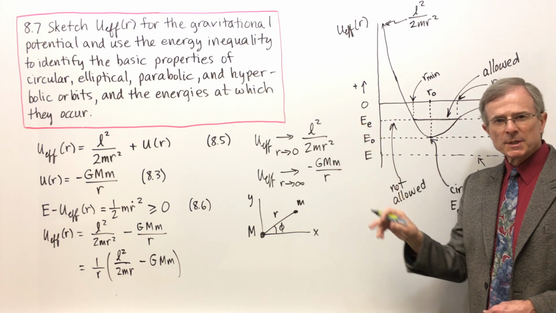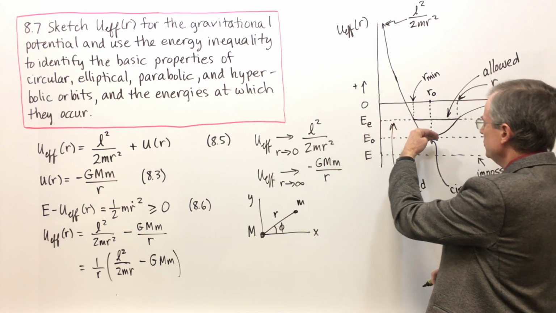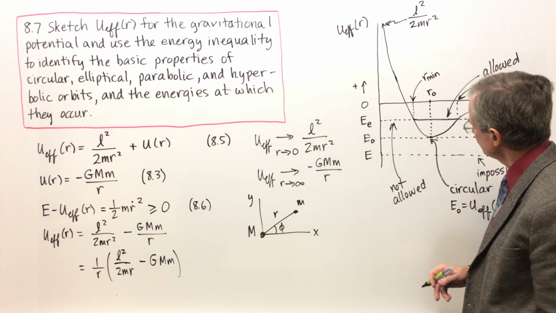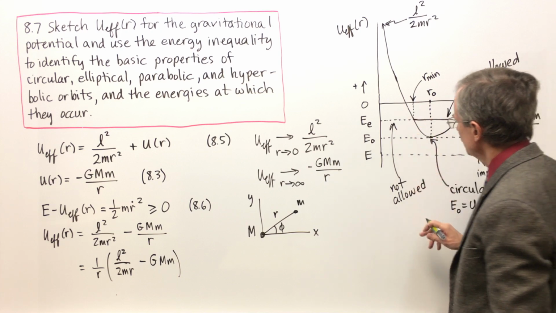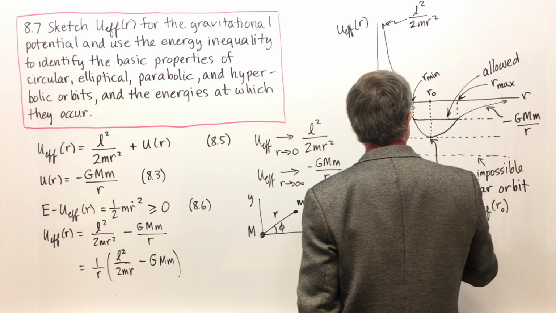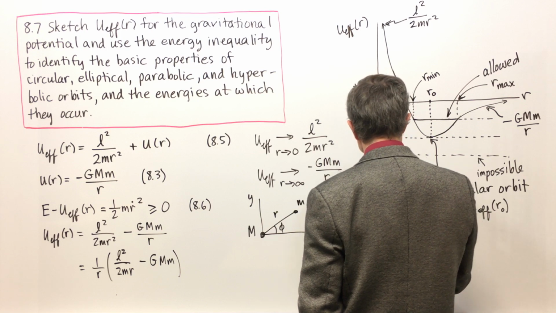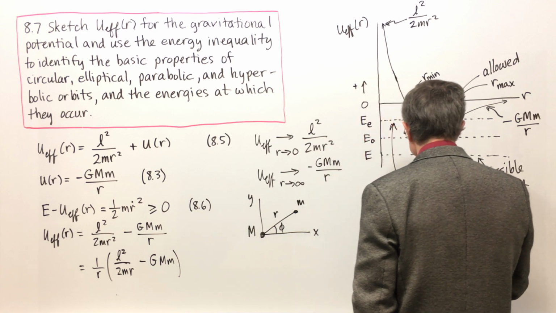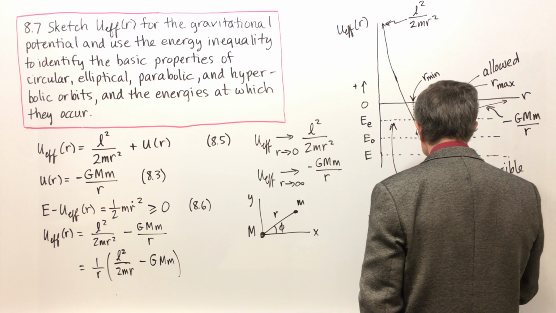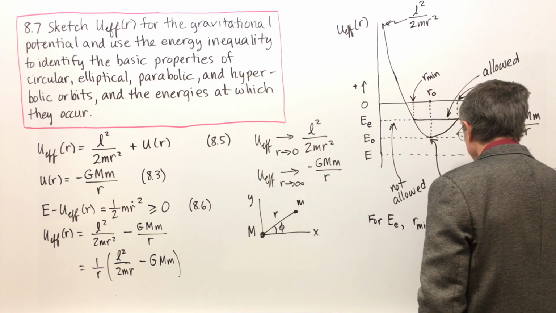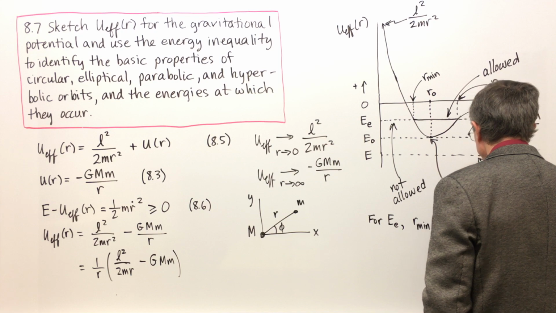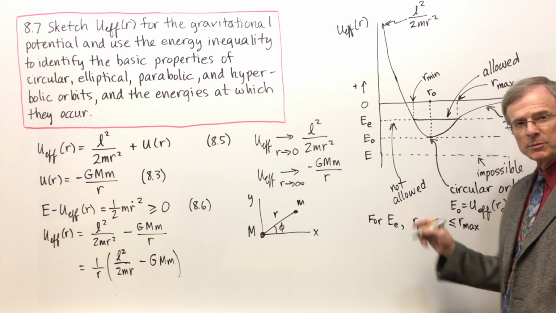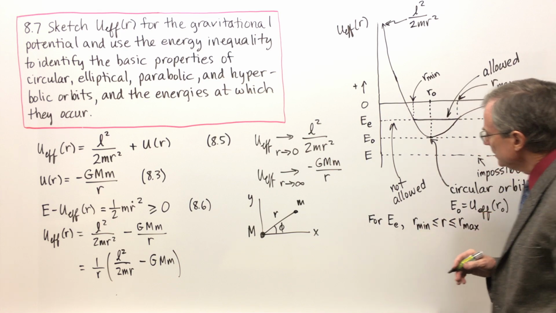So what we're seeing for this particular value of E, a value between here and here, is that we get R in a range. So this inequality allows for a range of R between R min and R max. That's an elliptical orbit.